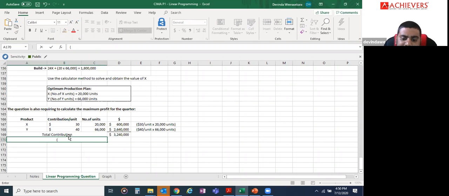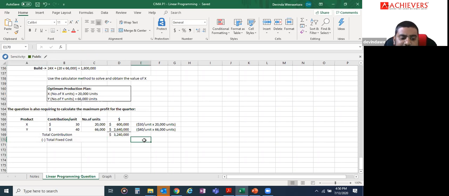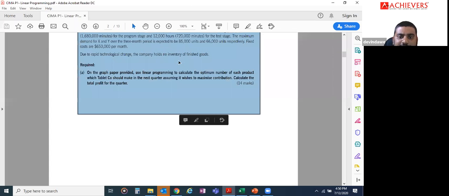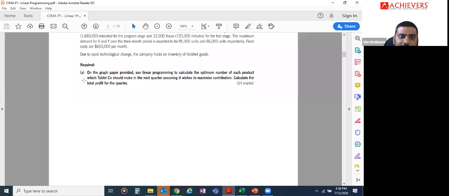So from this we need to reduce the total fixed cost, right? So how much is the total fixed cost, guys? They have told us that the fixed cost is $650,000 per month, and they're asking us to calculate the profit for the quarter. Quarter means how many months, guys? Quarter means 3 months.